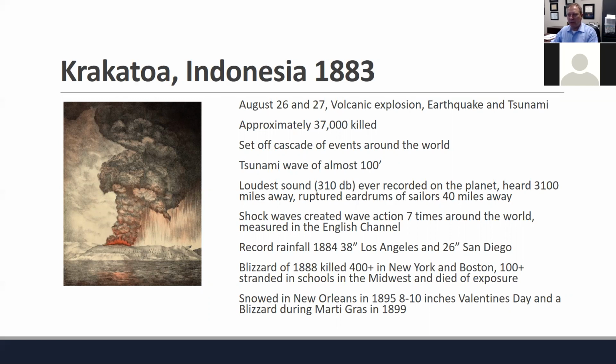The difference between 1883, when Krakatoa occurred, and today is air travel. Had Krakatoa occurred today, it's hard to believe that we would have air travel for weeks, maybe months, in the aftermath of the earthquake and volcanic explosion.